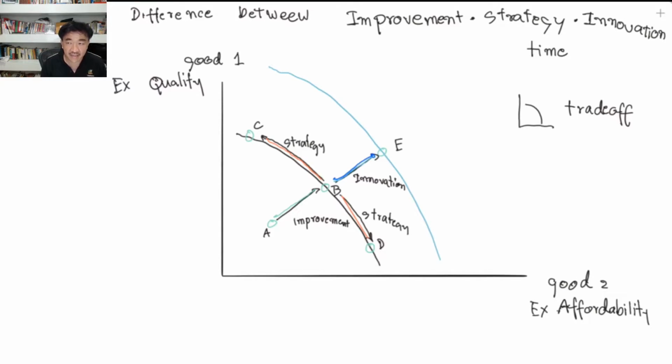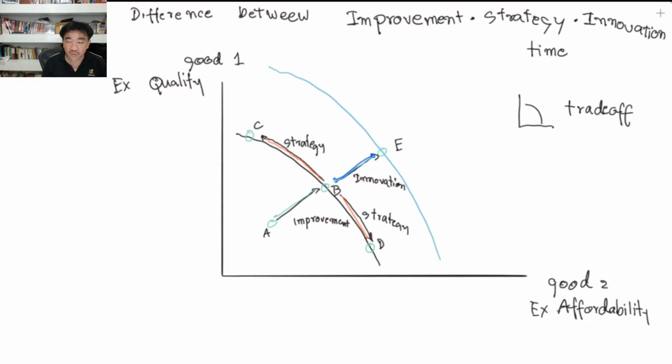So let's say you are doing a business and you produce a good or service for the market. You need to build a product with good quality, on the vertical axis. And you also need to set the price at a very affordable, cheap price, cheap enough for people to be able to afford to pay.